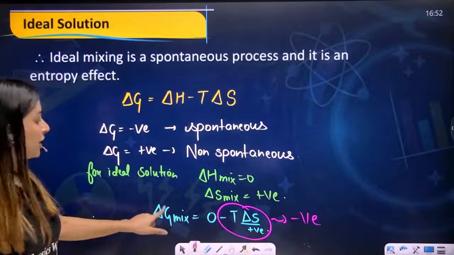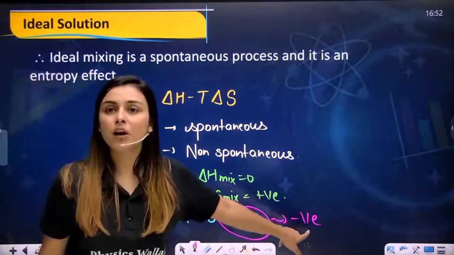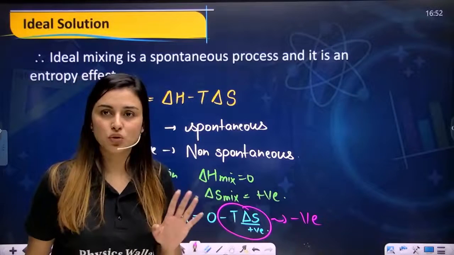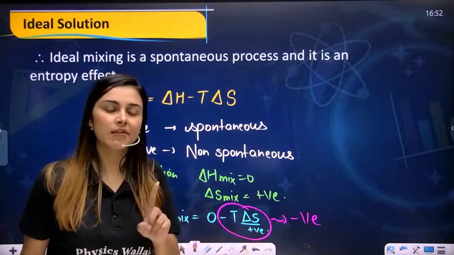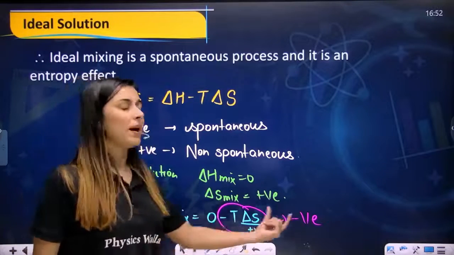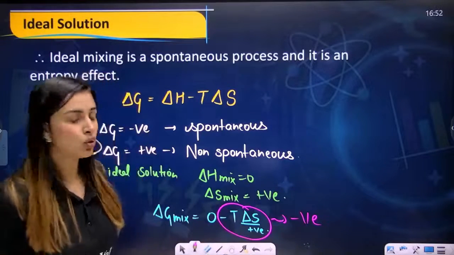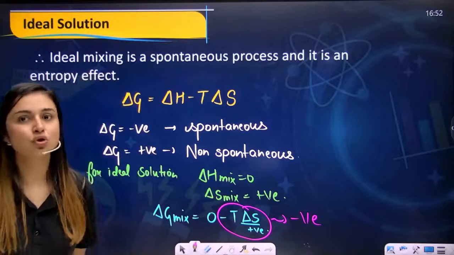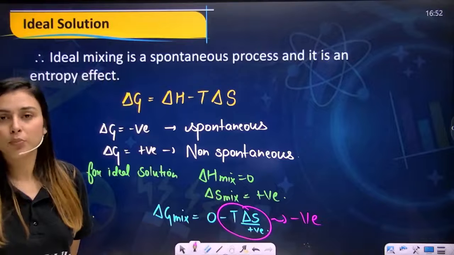Since temperature cannot be negative, my dear students, T is the temperature, and temperature can never be negative. It will always have a positive value. So this whole part will always be a negative value. So, delta G will always be negative for an ideal solution. So, it is a spontaneous process.